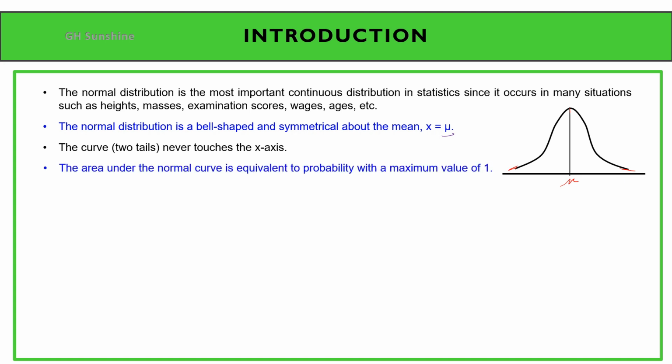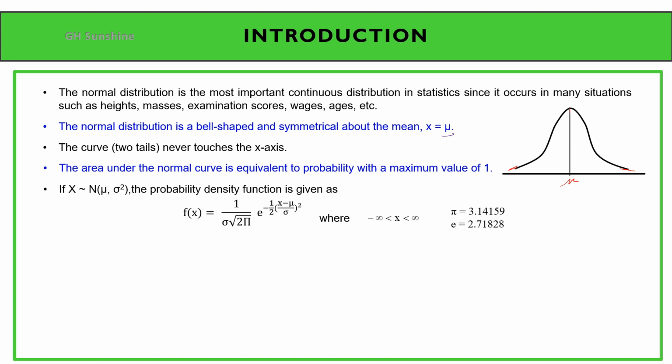The area under the normal curve is equivalent to probability, with a maximum value of 1. So remember the basic concept that the total probability must be exactly equal to 1. If X follows a normal distribution, the probability density function is given as follows.